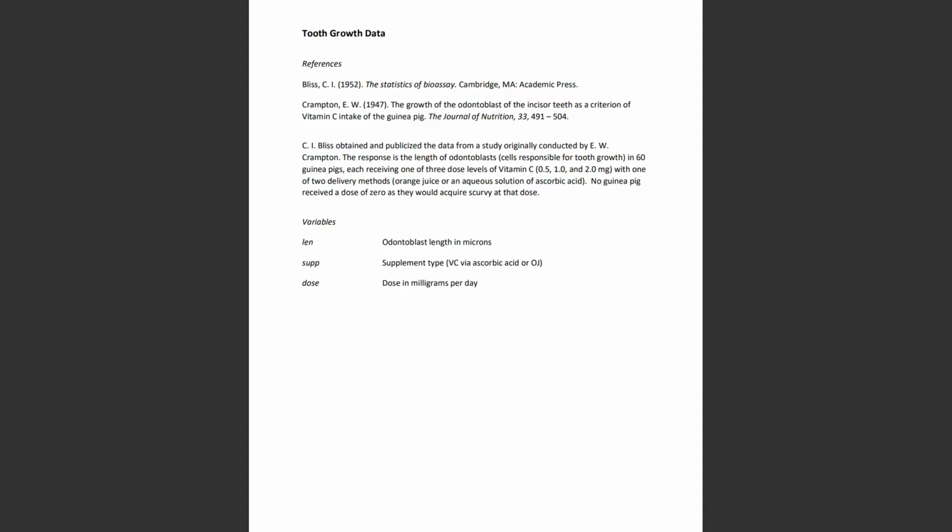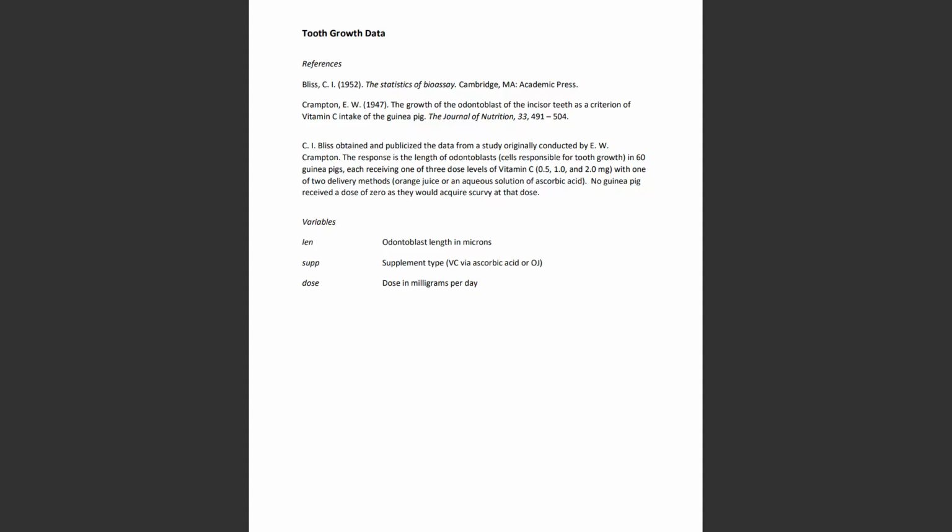The response is the length of odontoblast, that is, the cells responsible for tooth growth, in 60 guinea pigs, each receiving one of three dose levels of vitamin C, 0.5, 1, and 2 milligrams, with one of two delivery methods, orange juice or an aqueous solution of ascorbic acid. No guinea pig received a dose of 0, as they would acquire scurvy at that dose.